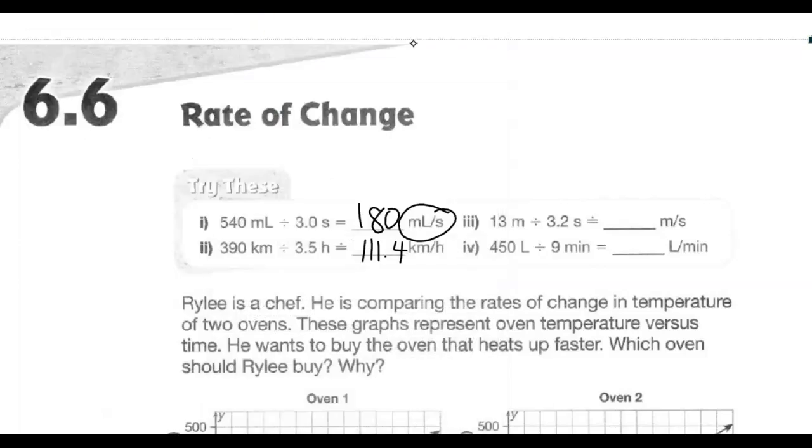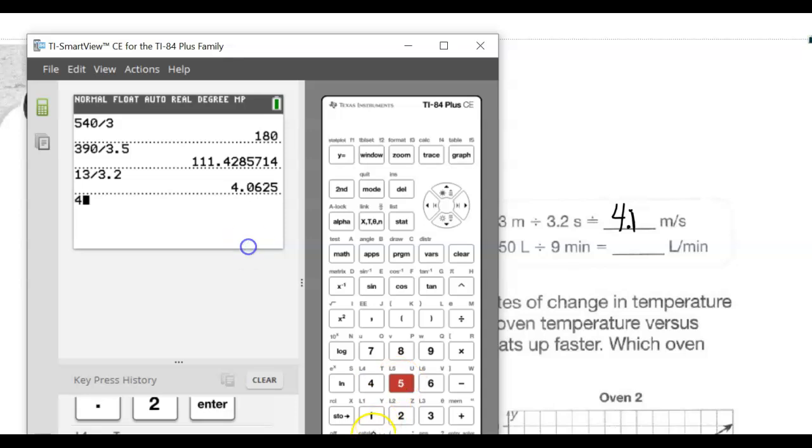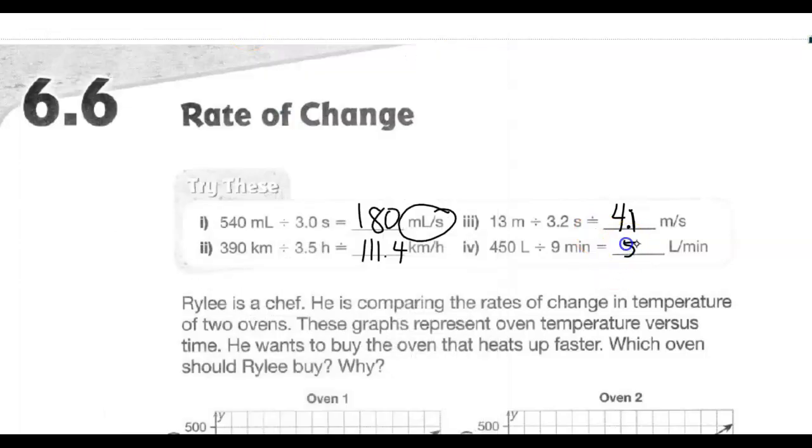We'll go to 1 decimal place, 4.1 meters per second, then liters per minute. So 450 divided by 9 is exactly 50. Didn't really need my calculator.